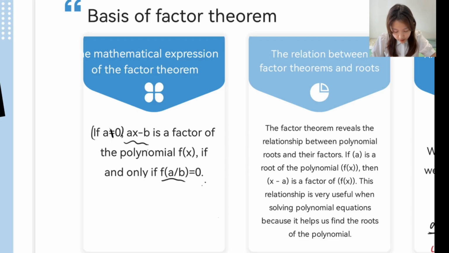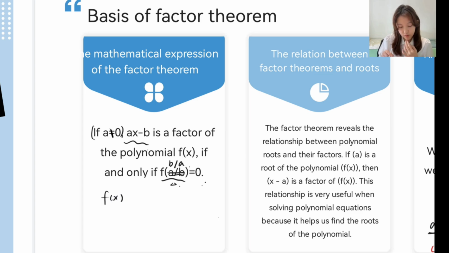Okay, let's see the definition of the factor theorem. ax minus b is a factor of the polynomial f(x) if and only if f(a over b) is equal to 0. Oh, it should be b over a. Let's see why.